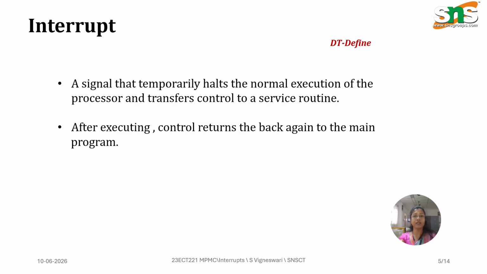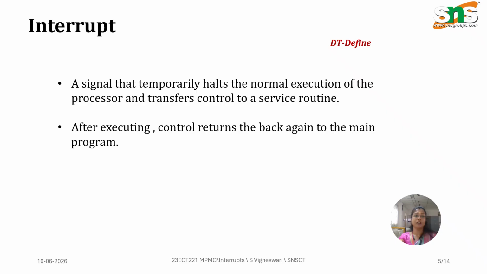For example, if a key is pressed on the keyboard, the processor may stop the current task and execute the ISR to read the key value, and then return to the original position. Interrupt processing follows three steps: pause the current program, execute the interrupt service routine, and return to the main program. The user never notices this process because it happens extremely fast.